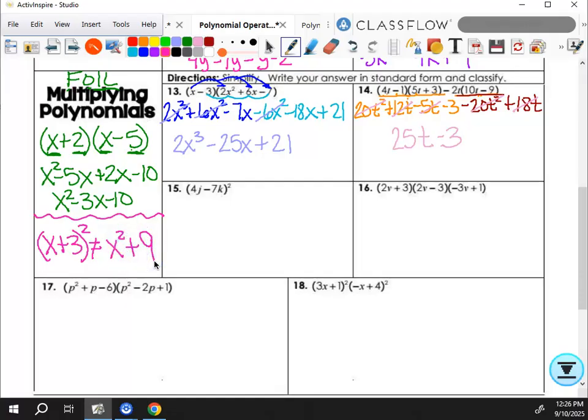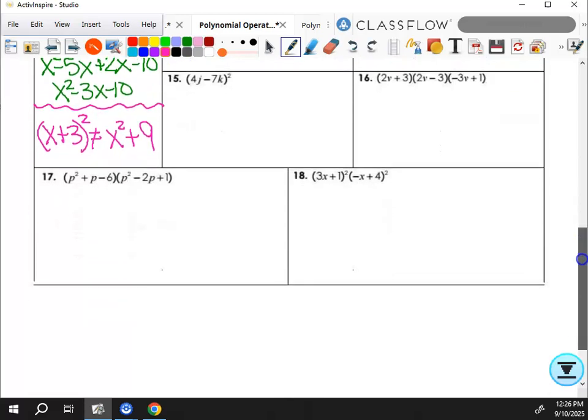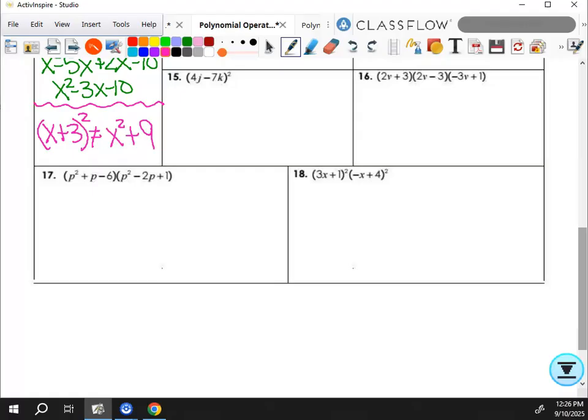That kind of mistake gets you sent to math jail. Probably solitary confinement at this point because it makes me so mad. All right? You cannot distribute that square. I would rather you not have a clue as what to do as opposed to thinking that that is what you do. You with me on that?